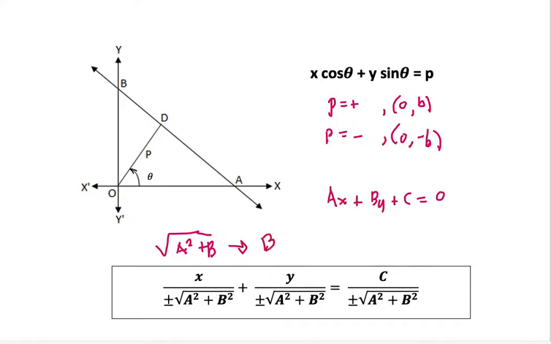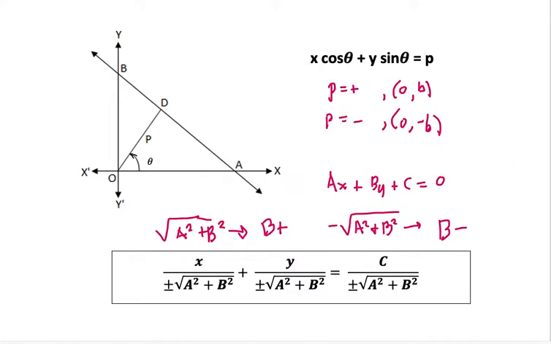On the other hand, we are going to use the negative square root of a squared plus b squared if the value of b is negative.